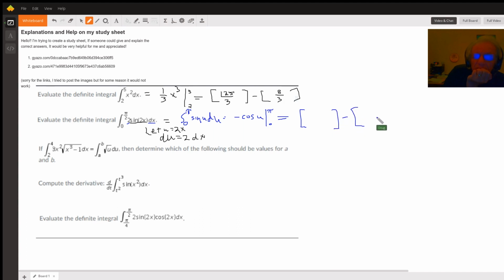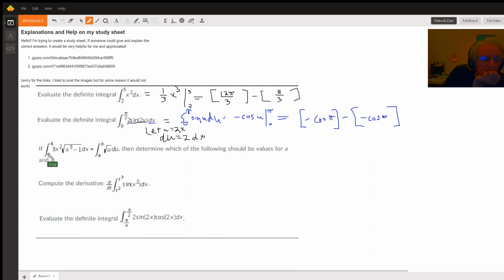Well, maybe I'll do a couple steps here. So I've got minus cosine of pi minus cosine of 0. And cosine of pi is -1, cosine of 0 is 1. I'll let you do the substitution and figure that out.